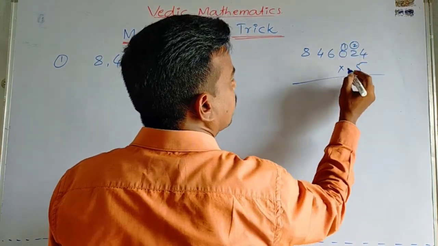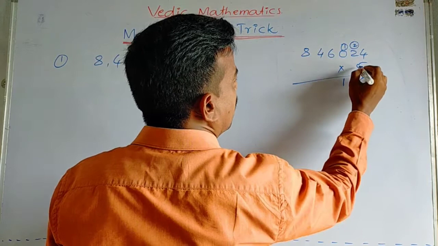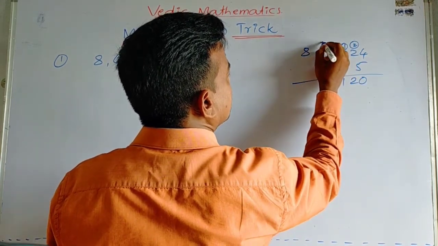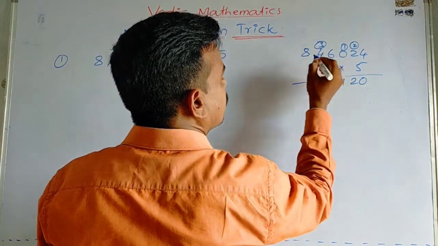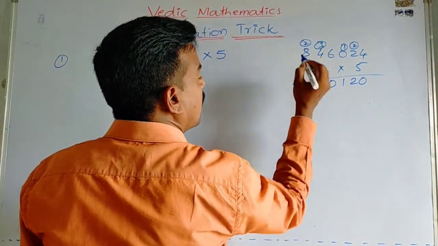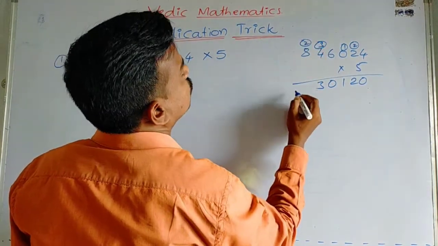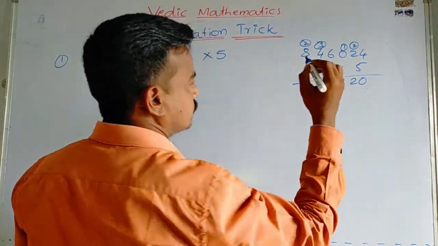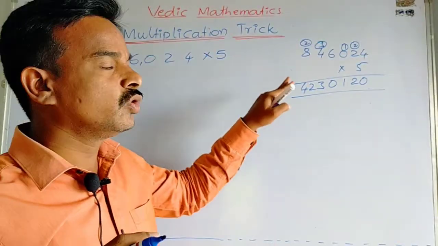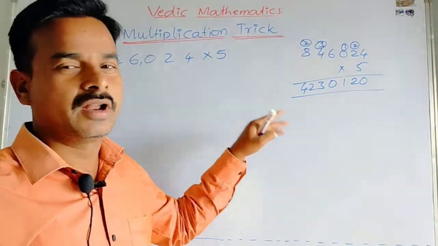Next, 5 0s are 0 plus 1, 1. 5 6s are 30, carry 3. 5 4s are 20 plus 3, 23, carry 2, and 5 8s are 40 plus 2, 42. So this is the answer. Like this, in this process, we have to do it in the current modern method.